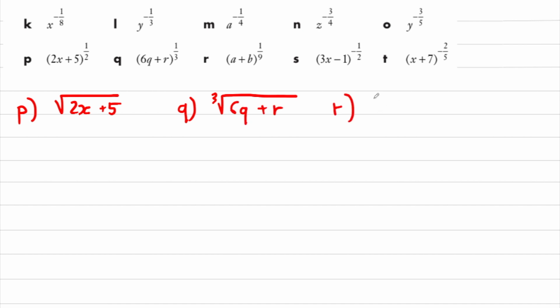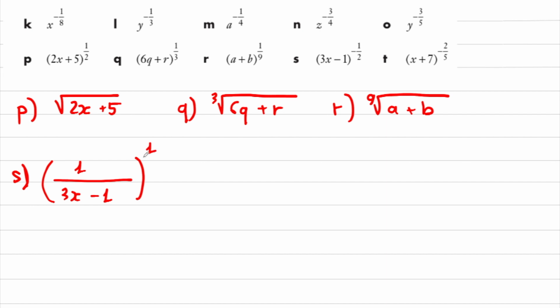About r, you got 9th root of a plus b. You got s. How about s here? You will have 1 over 3x minus 1, and you got 1 over 2 outside. And here will be 1, and here is square root of 3x minus 1.